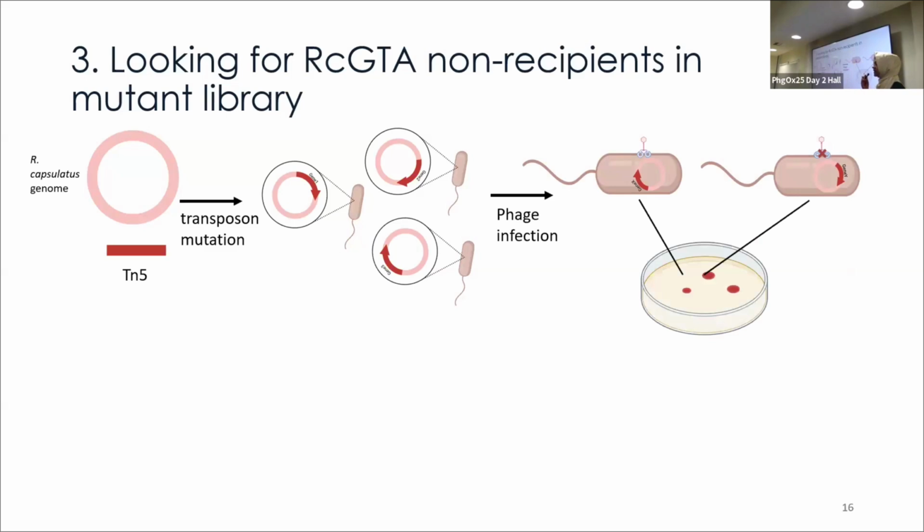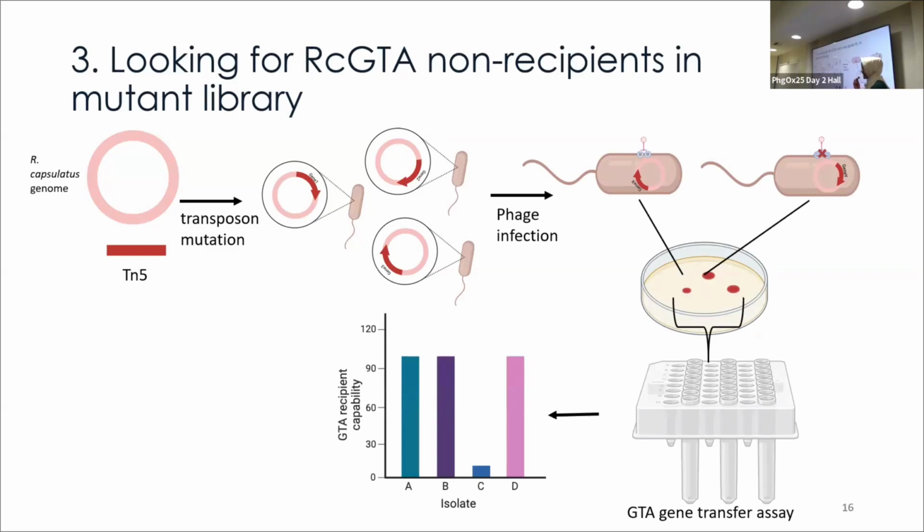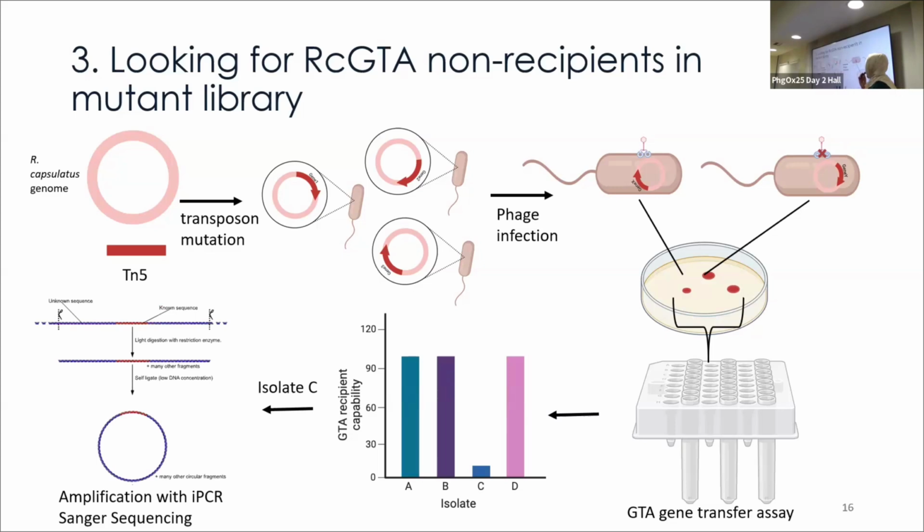The mutant strains that are resistant to each phage are selected for, and those phage-resistant isolates are passed through a second screening of a gene transfer assay to evaluate their relative recipient capability. And isolates that have lower recipient capability than the rest, such as isolate C here, will be used for sequencing purposes to figure out which gene was disrupted that led to the lower recipient capability.